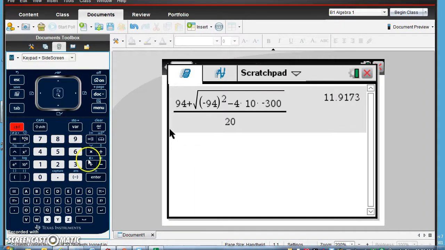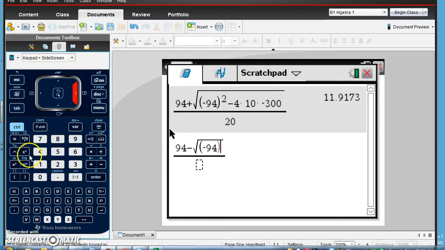So control, fraction, do the same thing, except this time do 94 minus, and then do the square root. So control x squared, parentheses, negative 94. Probably need to do a negative down. When you do the negative, you might want to do this negative down here on bottom if you're doing it that way. 94.